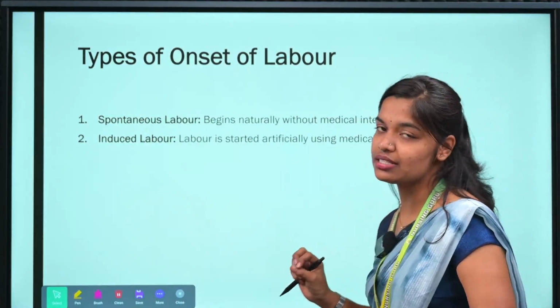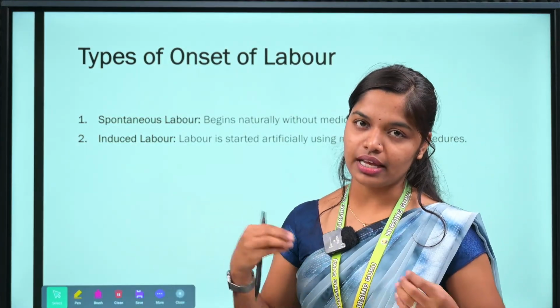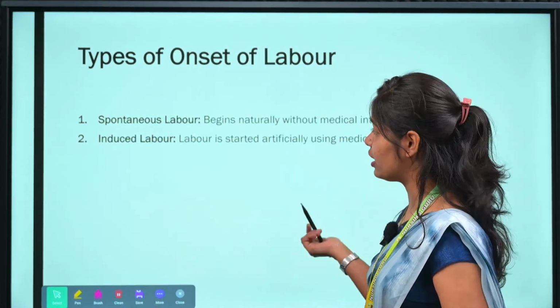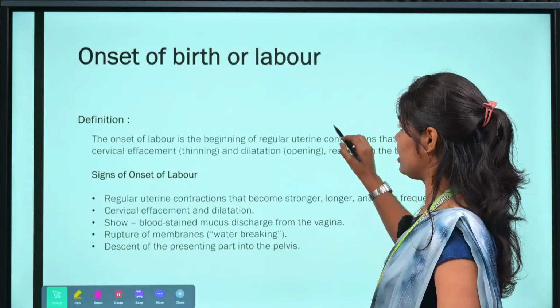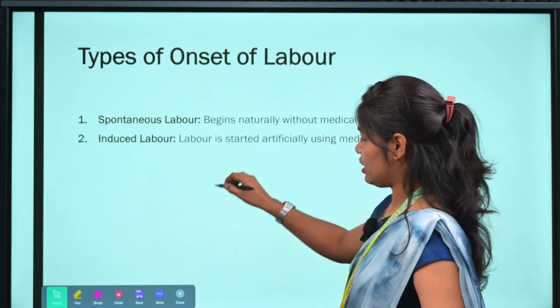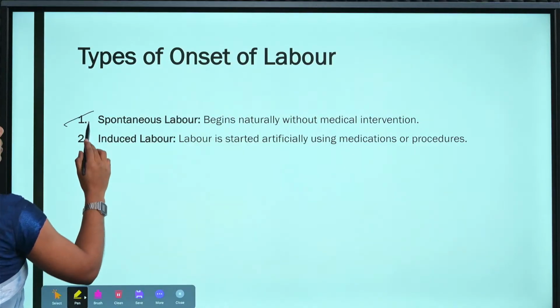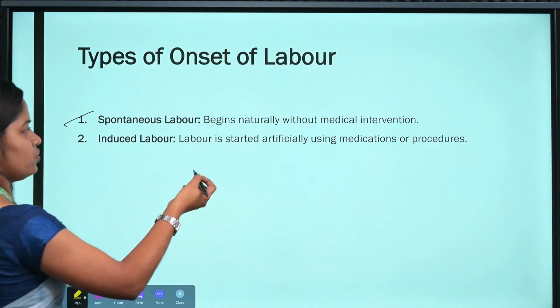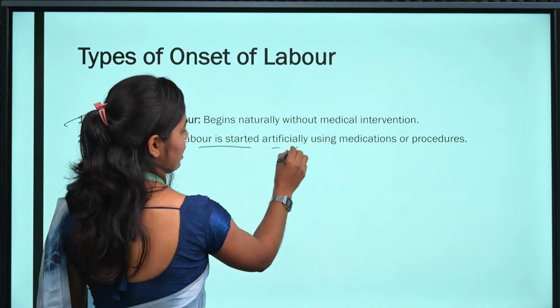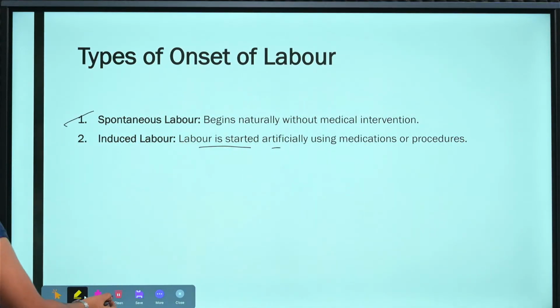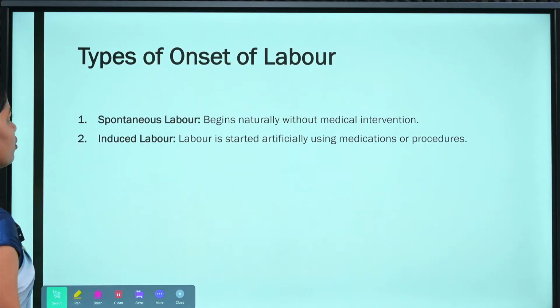Spontaneous labor means without any medication or artificial procedure, without any medical intervention, the baby is delivered naturally. Induced means it starts artificially by using medication and procedures. Two types of onset of labor.